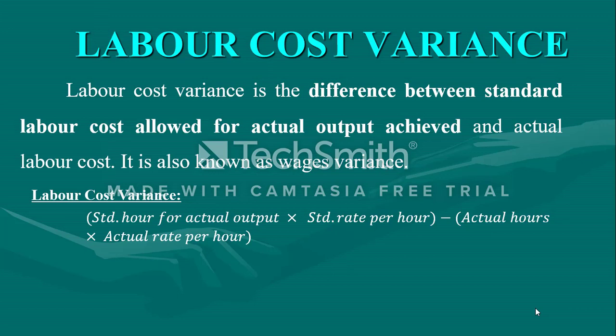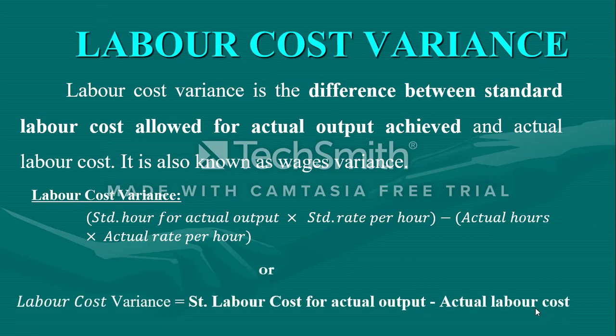Actual hours means how much actual time is taken for production of a unit or a product. Actual rate means how much actual expense is incurred for production of a particular product or unit, the actual rate per hour.